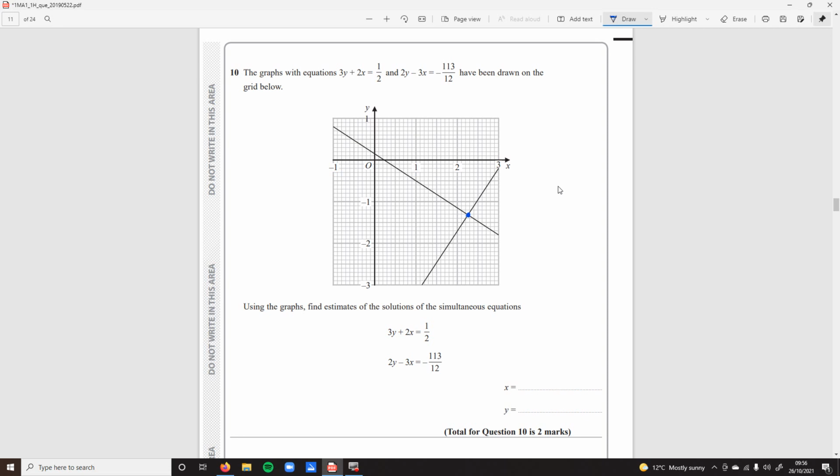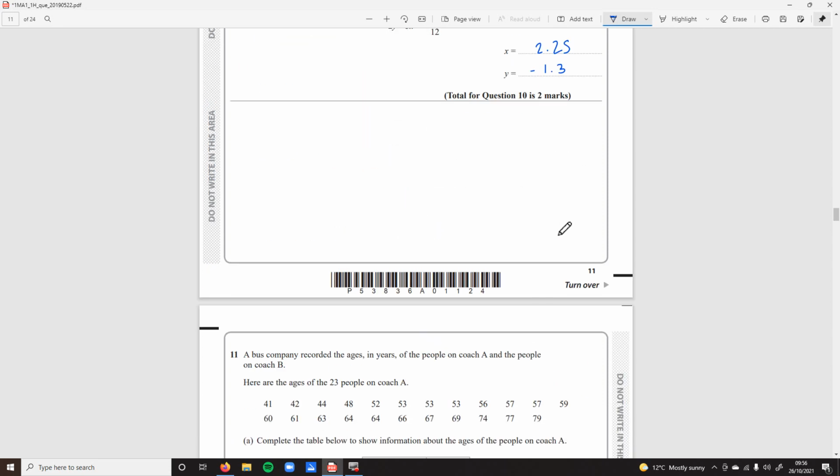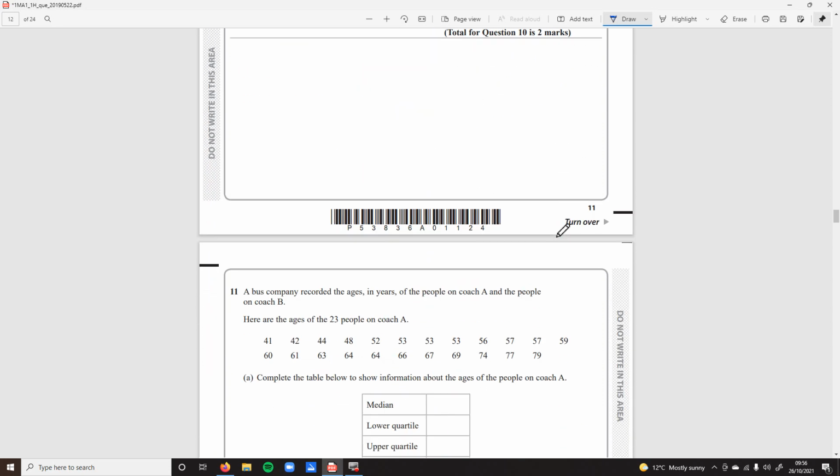So x equals 2.25 and y equals roughly minus 1.3, roughly. I think that looks about right.